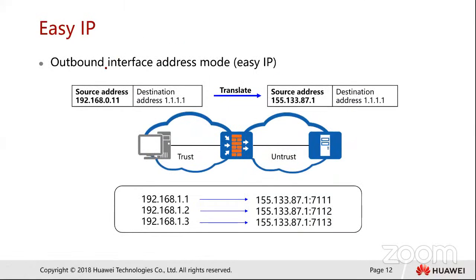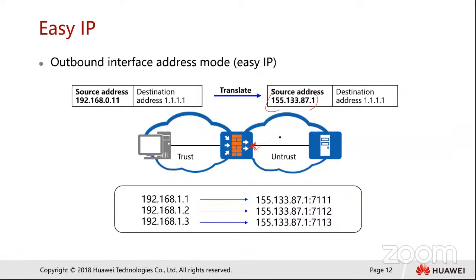So we'll want to look at Easy IP, or what we're calling the outbound interface address mode. You use it when usually your public IP is dynamically assigned to you. With this outbound interface mode, you have your source address and your destination address, and it is translated, but when it's being translated, it uses the outbound interface IP address to translate the IP addresses, just like you can see in the illustration.